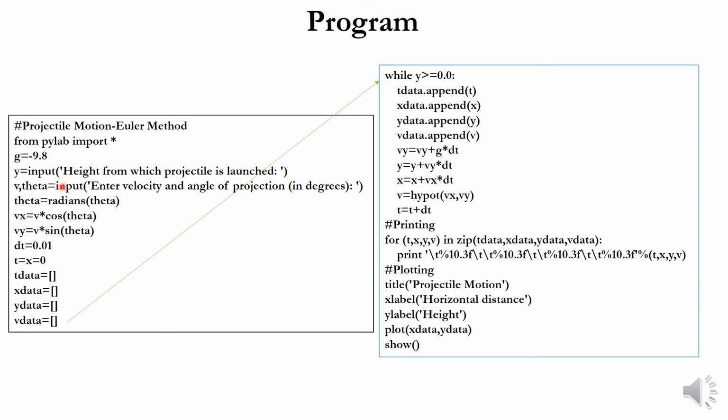This theta is converted into radians. Then the initial components of velocities ux and uy are calculated.